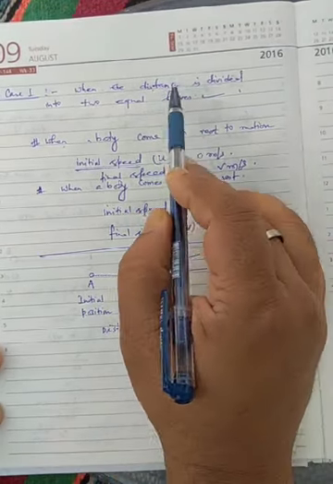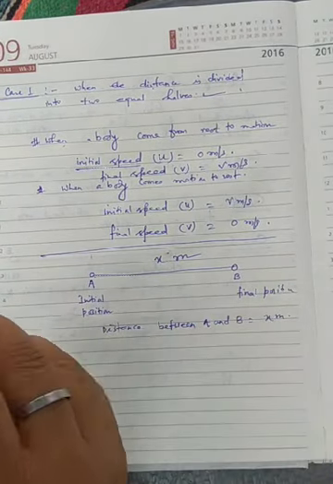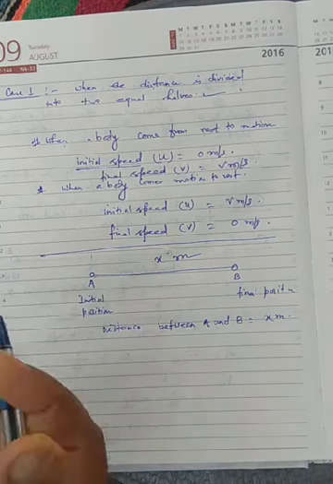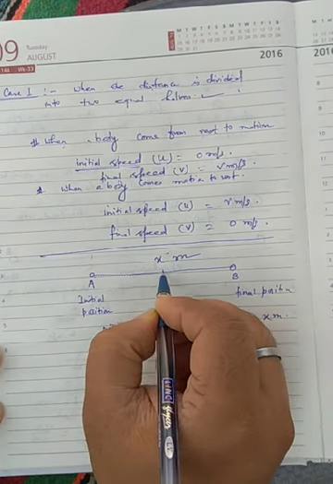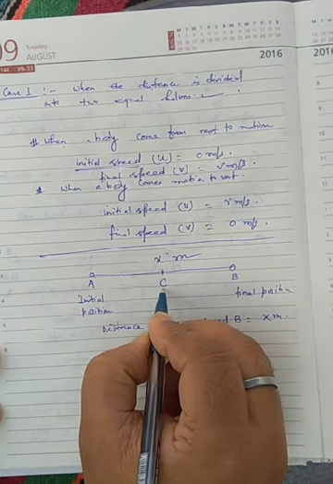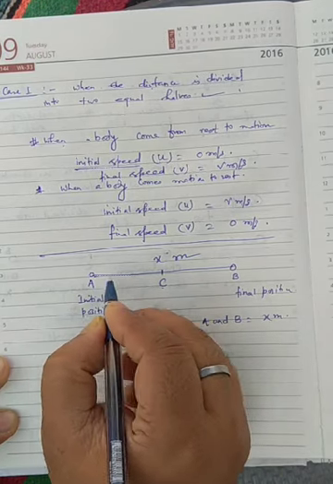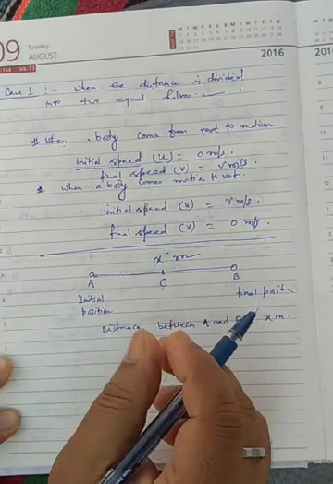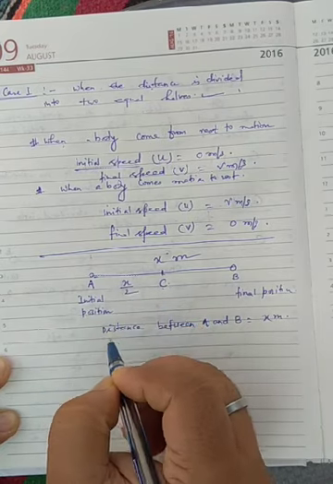Our topic is distance divided into two equal halves. Suppose this x meter numerically we are considering as 30 meter. So 30 by 2 is half, that means 15 meters. Suppose this point is C. Now what is the distance here? If x is the total distance between A and B, A to C distance will be x by 2, correct?